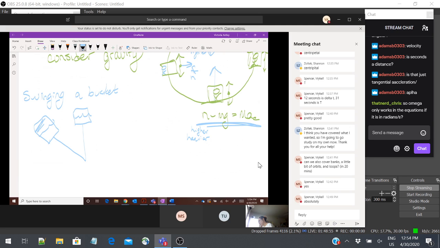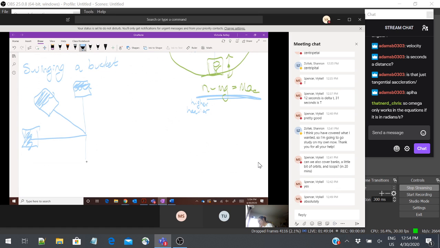There was a conceptual question about this on the third test. In all of these cases, you have tension, which is inward, and you have gravity. In this case, tension minus gravity is MAC.